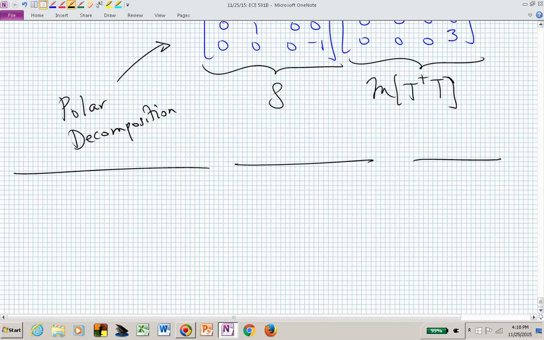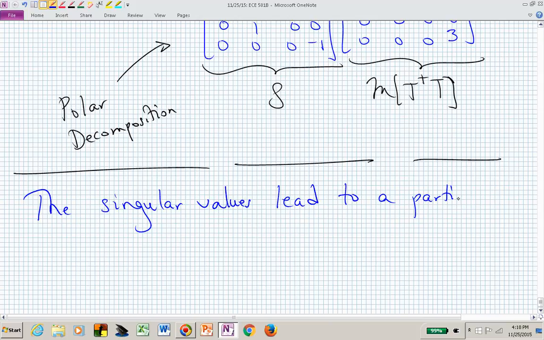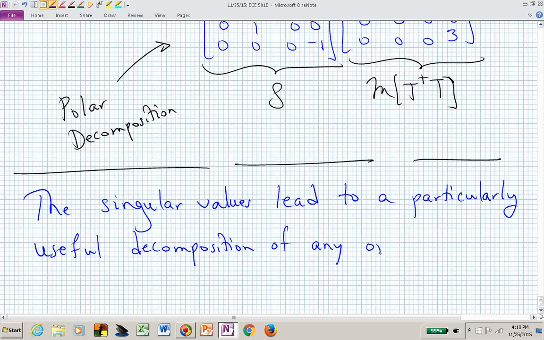What we want to do now is talk about the singular values and the singular value decomposition. The singular values lead to a particularly useful decomposition of any operator.